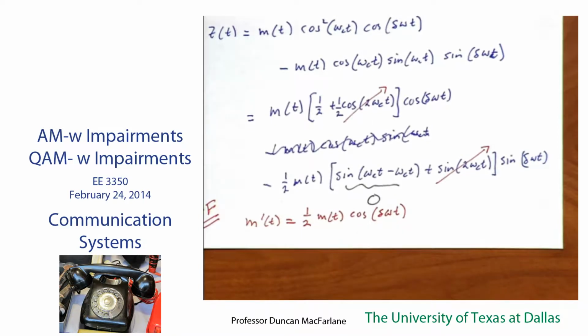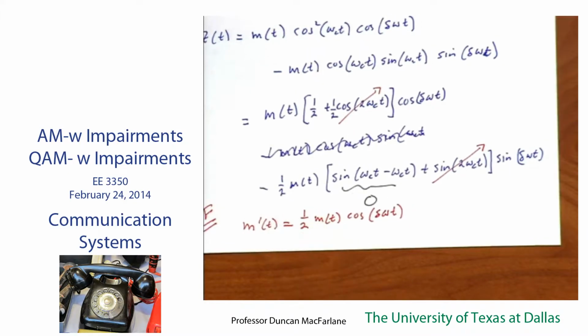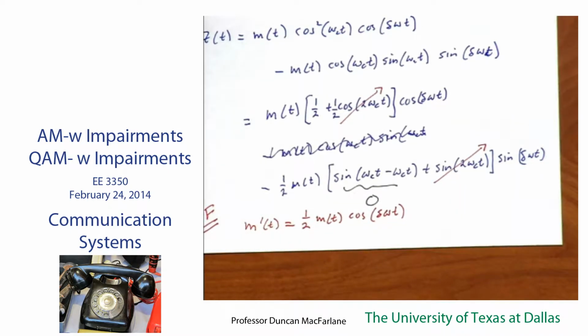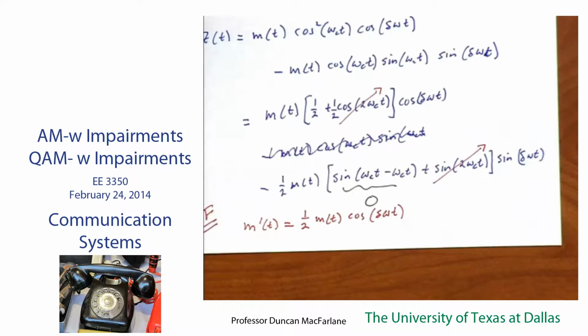It's going to go up and down, so this signal m of t is going to get softer and louder, softer, louder. That's annoying, isn't it? I'm modulating my voice at about a hertz to be loud and soft, loud and soft.